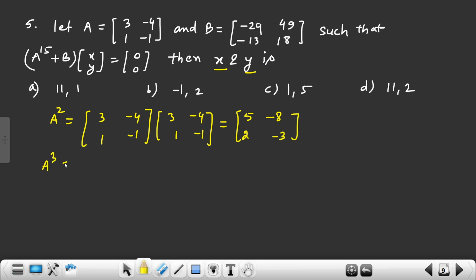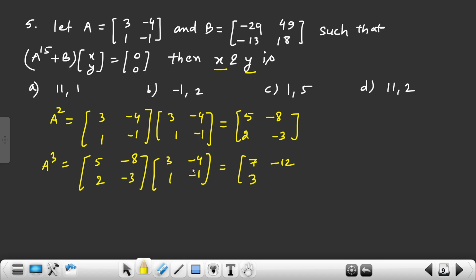Now let's find A cube. 5 minus 8, 2 minus 3, multiplied with 3 minus 4, 1 minus 1. Now 15 minus 8, 7, minus 20 plus 8, minus 12, 6 minus 3, 3, and minus 8 plus 3, which is minus 5.